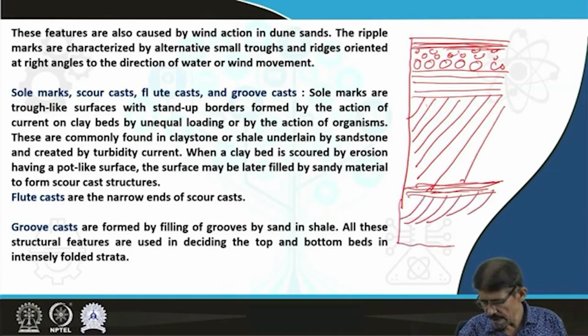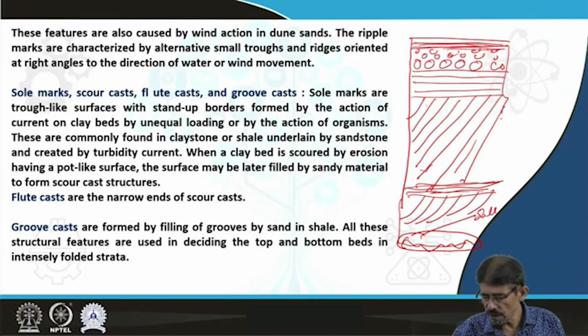Then at the bottom side we get some depressions and others. These features are recognized as sole marks. These are cross bedding of various geometry, and in this way we see the sedimentary column.